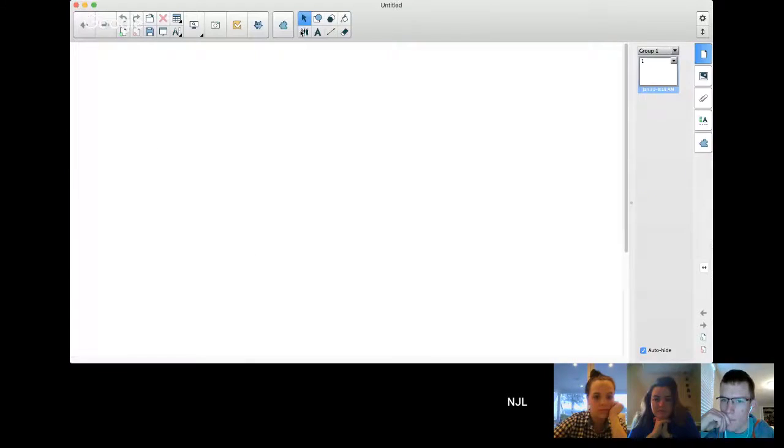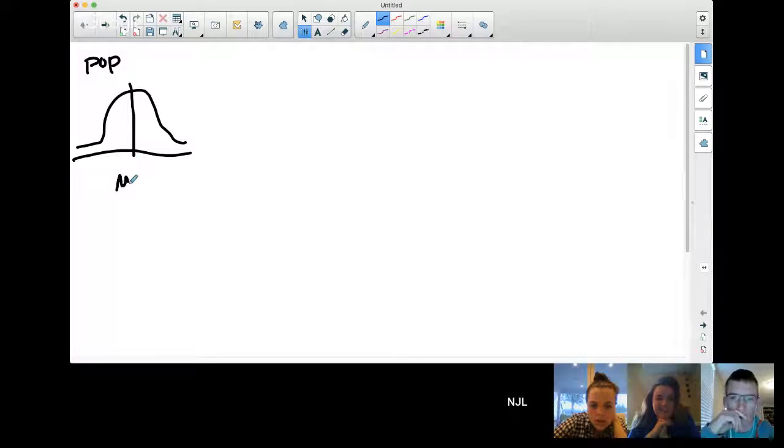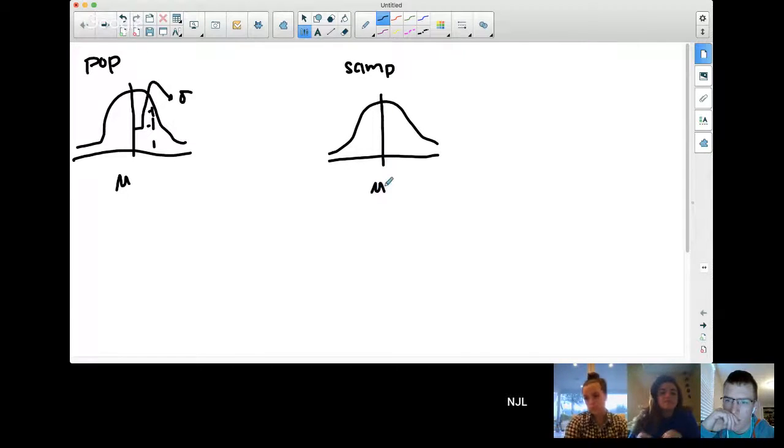Draw, and that's another thing you draw. So you basically have either a population distribution, in which case, if you're dealing with an individual, a nice bell curve with a mean of mu and standard deviation of sigma, or a sampling distribution, a bell curve with a mean of mu and standard deviation of sigma divided by square root of n.